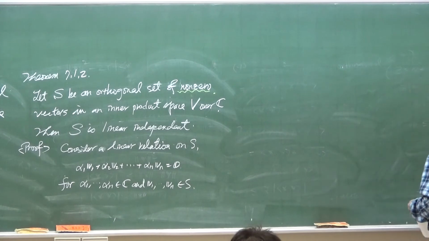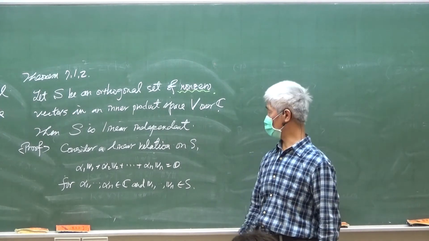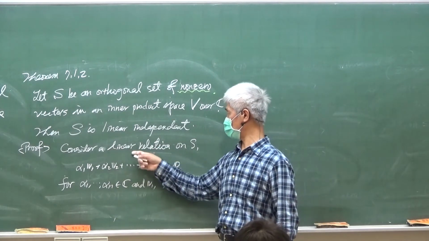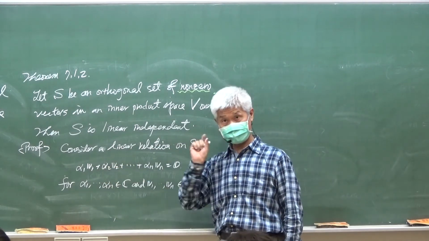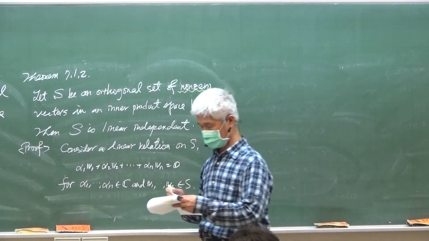To show S is linearly independent, we have to show that for any such linear relation, the coefficients must be 0.